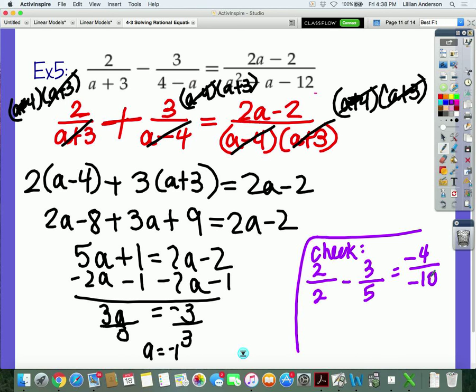Remember to subtract this. You can do the little cross thing. So that's going to be 10 minus 6 over 10, which is 4 over 10. Two negatives make a positive, which is 4 over 10. So yes, a equals negative 1.